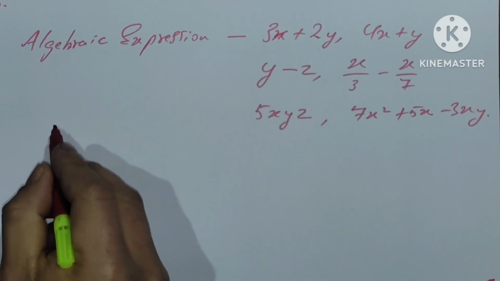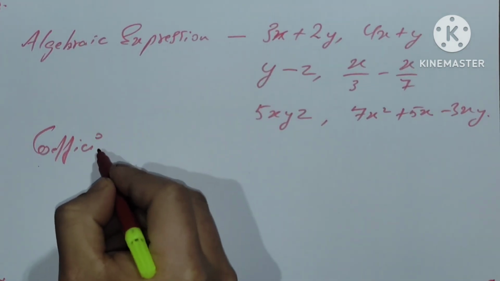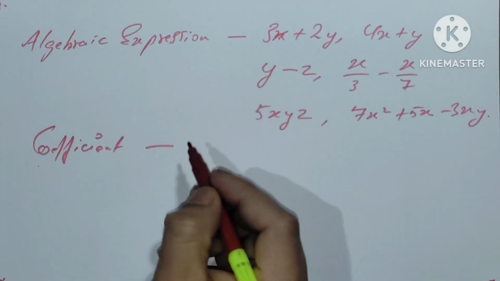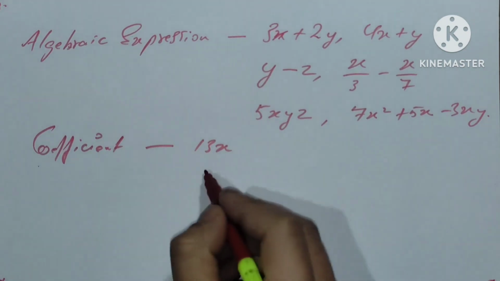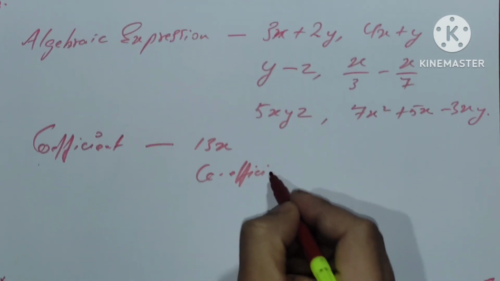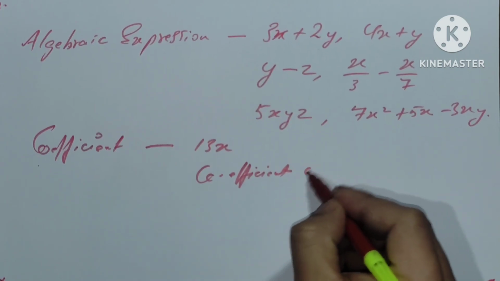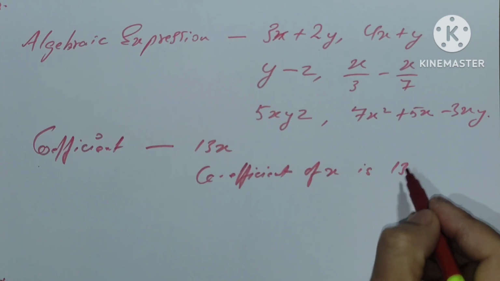The numerical or constant quantity placed before the variable of an algebraic expression is called the coefficient. Let's take an example of 13x, where x is our variable and here 13 is our numerical quantity. So the coefficient of x is here 13.